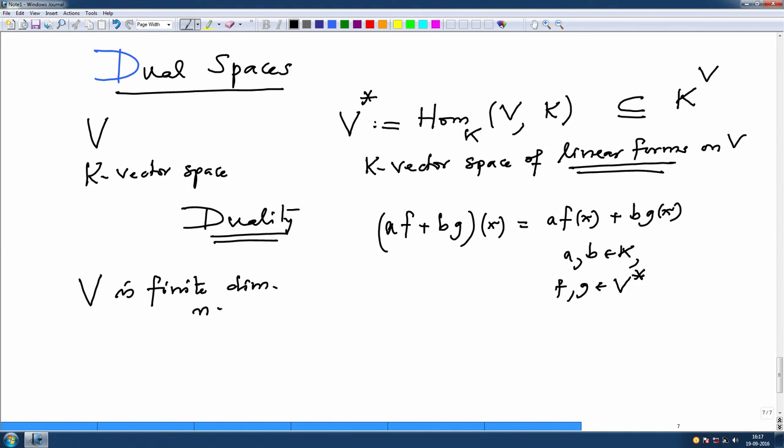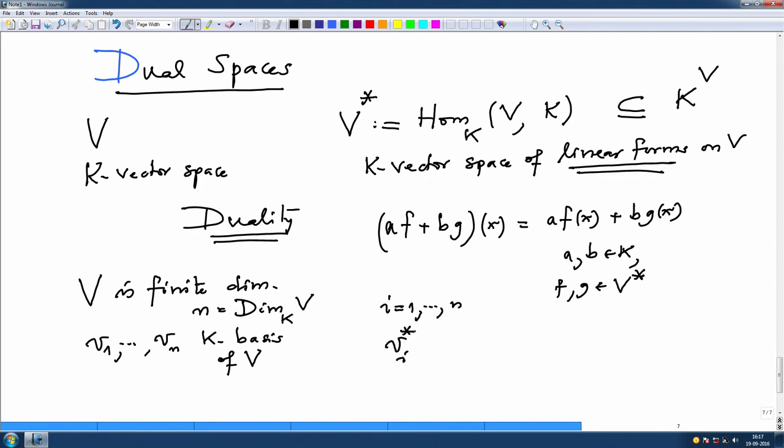So, suppose n is the dimension of V, then we have a basis v1 to vn, a k basis of V, and from this basis we have defined coordinates in V. So, for each i from 1 to n, we have defined this vi star, which are called coordinate functions. That means they are maps from V to k, and how are they defined? For any x in V, vi star is by definition the following.